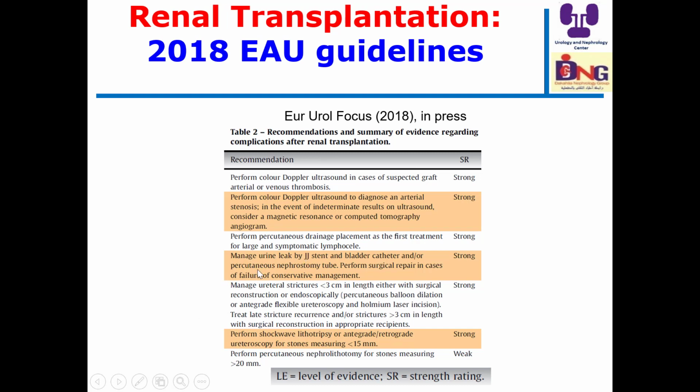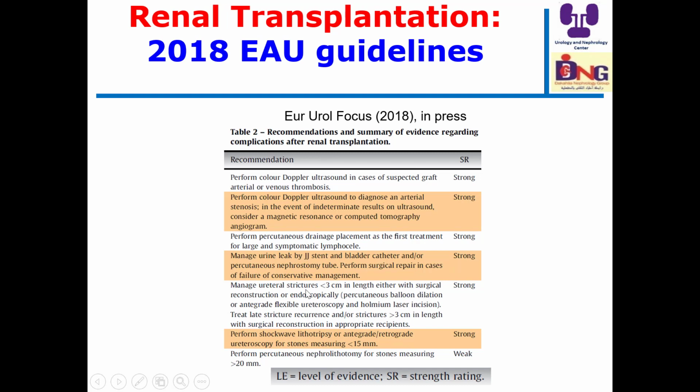Okay. Manage urine leak by double J stent and bladder catheter and/or percutaneous nephrostomy tube. Perform a surgical repair in cases of failure of conservative management. Strong evidence.